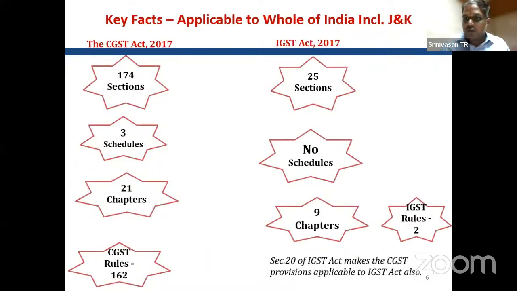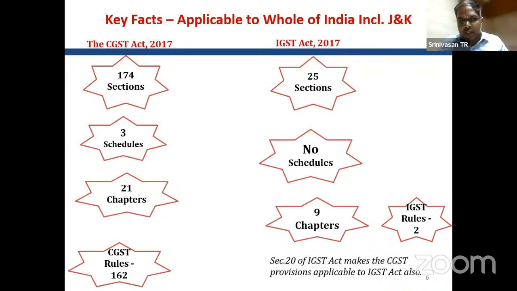Now, the constitutional framework. GST is a very small law, since we have about 175 sections. The IGST law is there too. So we have the CGST Act and the IGST Act. The IGST Act is completely under the control of the central government. The CGST Act is, of course, central government, and we have respective state GST laws, which are also implemented. In Tamil Nadu we have the TNGST Act, and respective states have their own GST Acts.